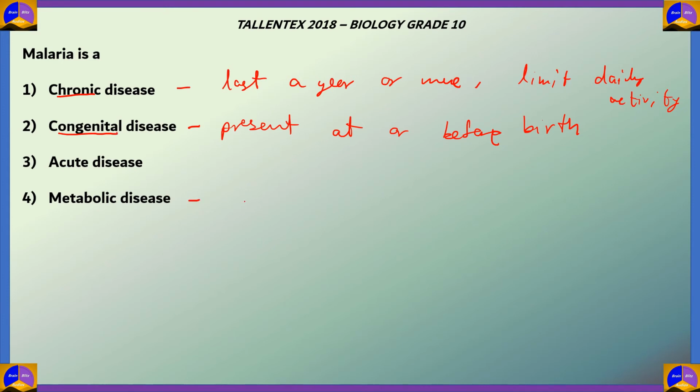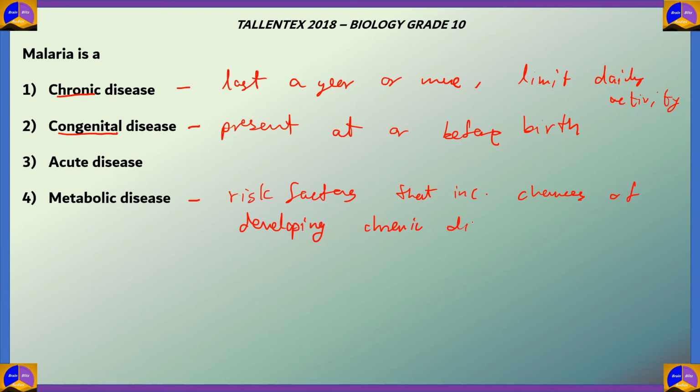Metabolic diseases are basically risk factors that increase chances of developing chronic diseases, like for example high sugar intake or high blood pressure and so on. These things are categorized as metabolic diseases.